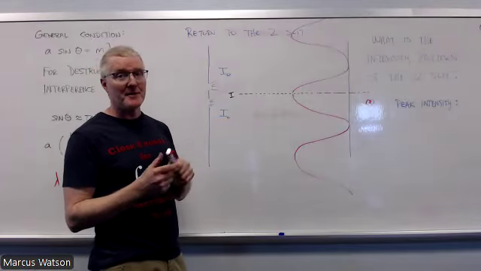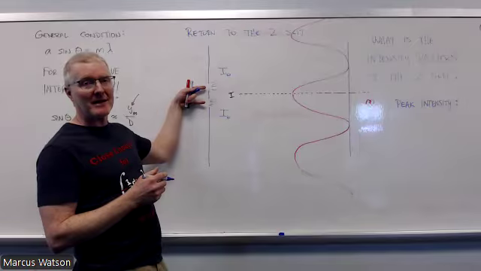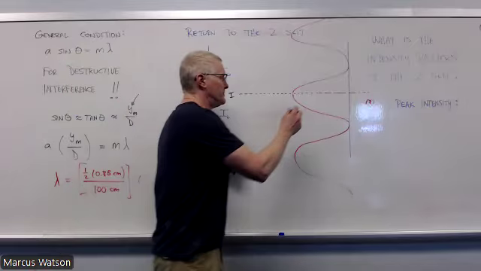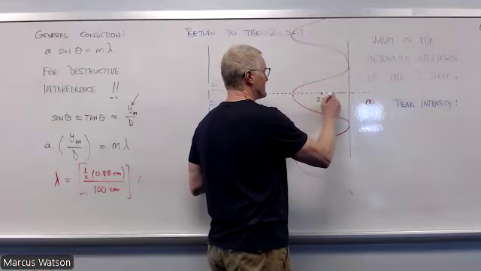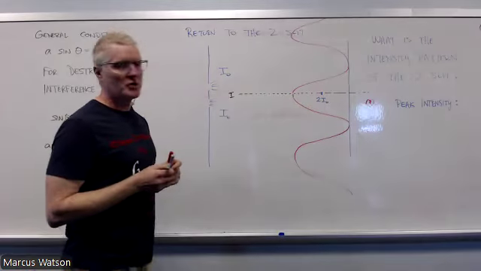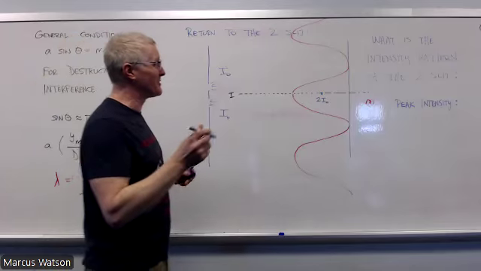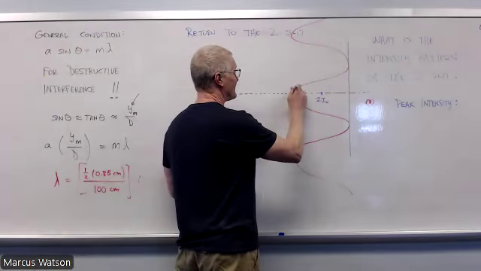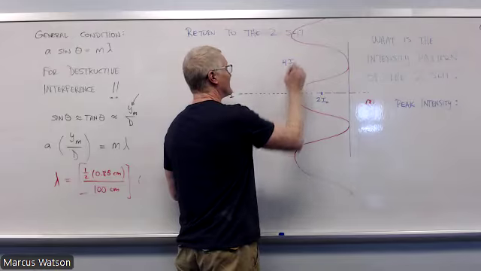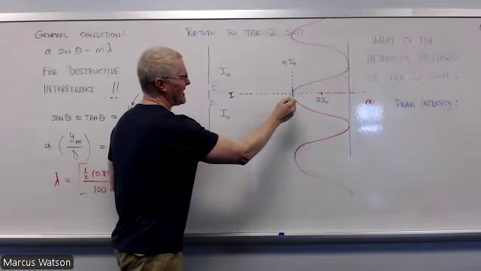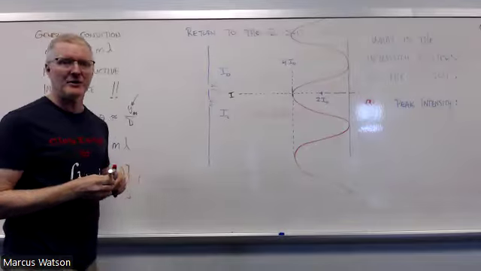It turns out that it's not 2 I naught like you might think it would be. 2 I naught is halfway. This peak is actually 4 I naught. Okay, this line right here is actually 4 I naught.